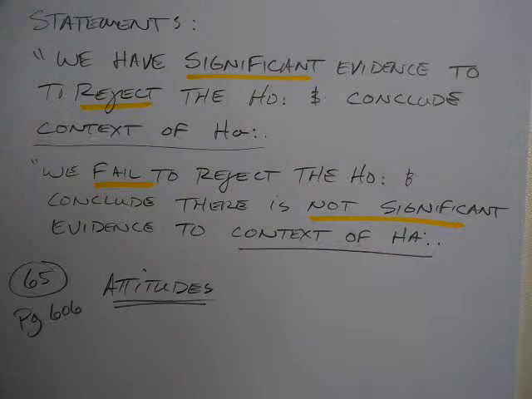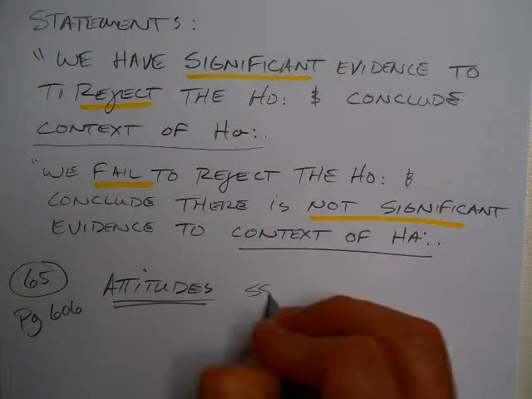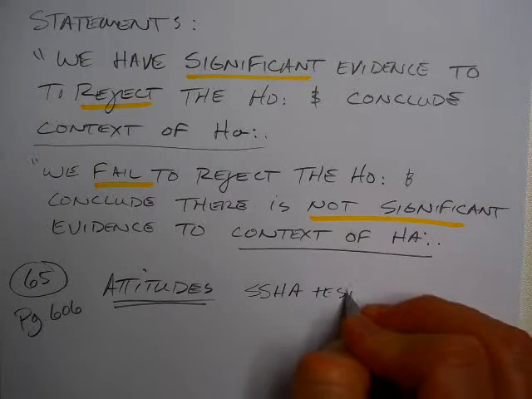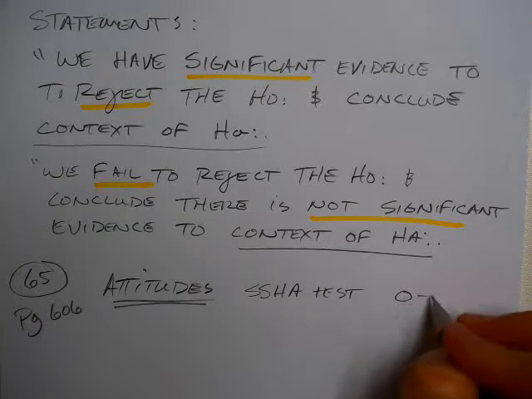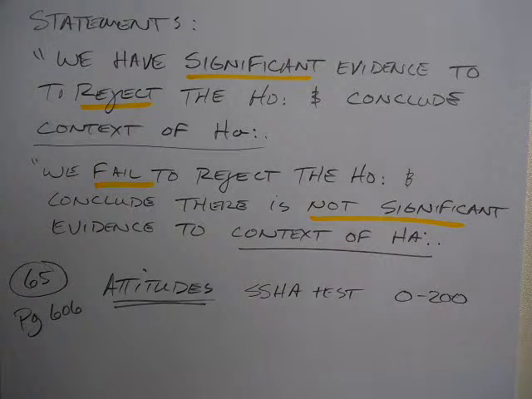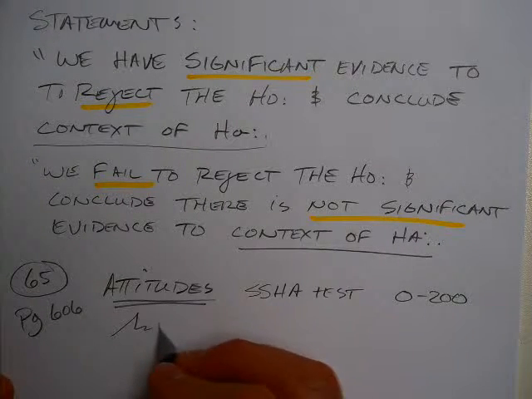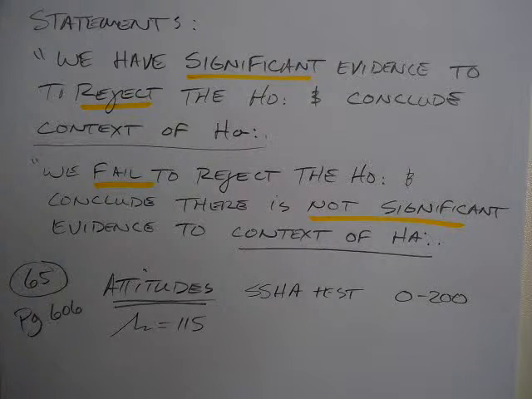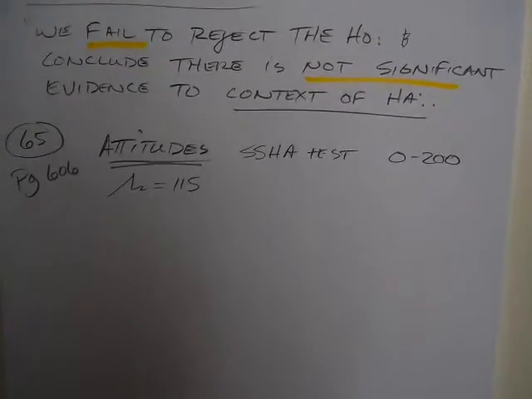The SSHA is a psychological test with scores that range from 0 to 200. So SSHA test, 0 to 200 are my scores. The mean score for U.S. college students is 115. That's going to be our mu sub naught, our claim.